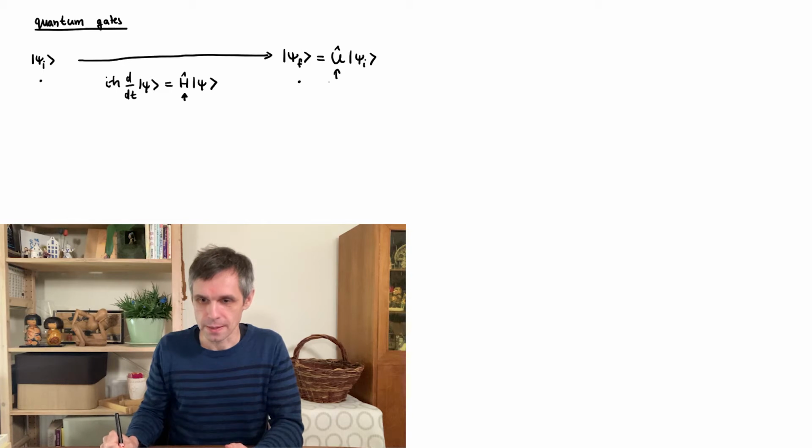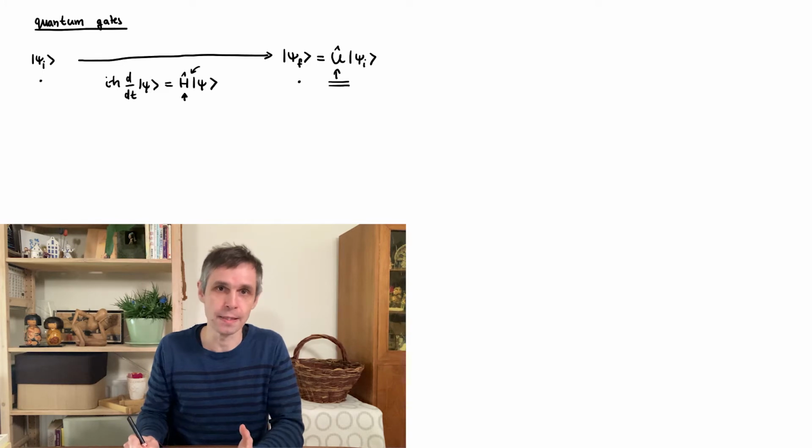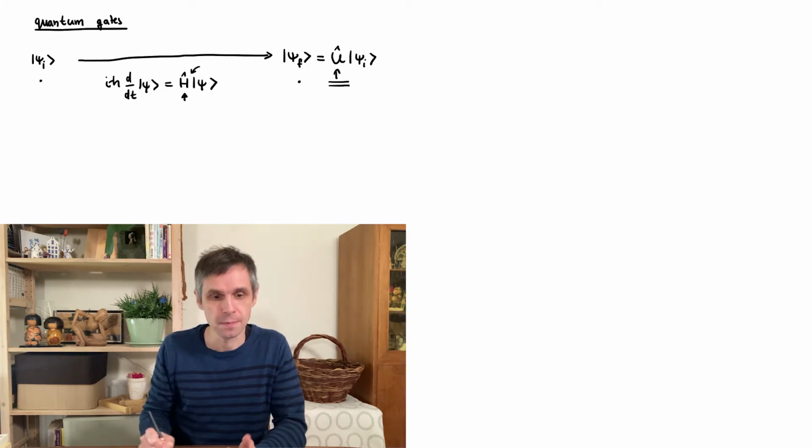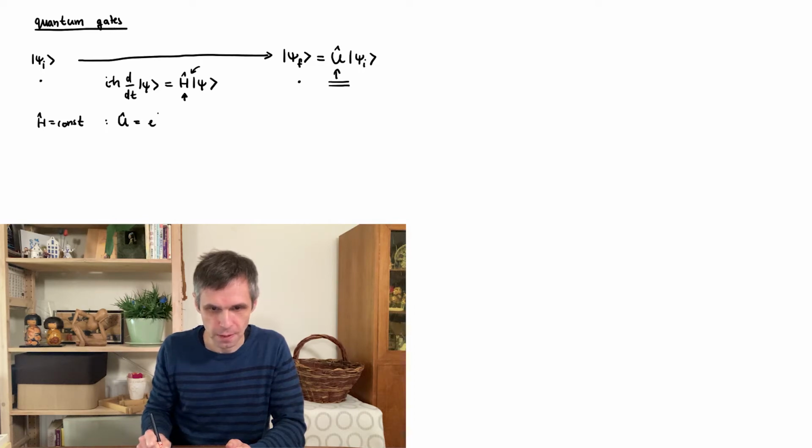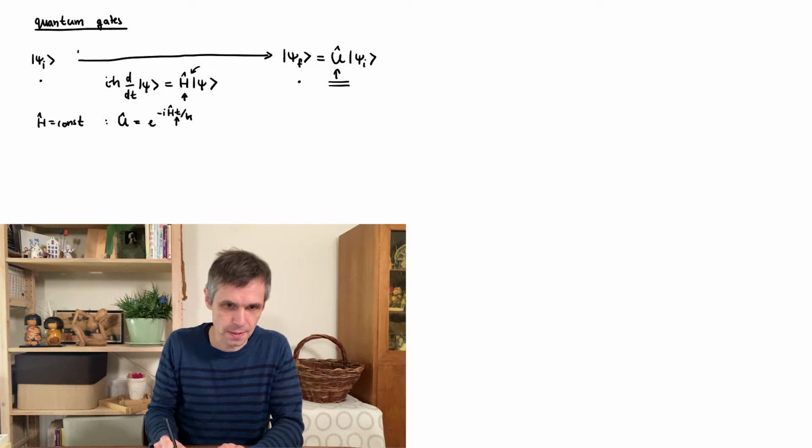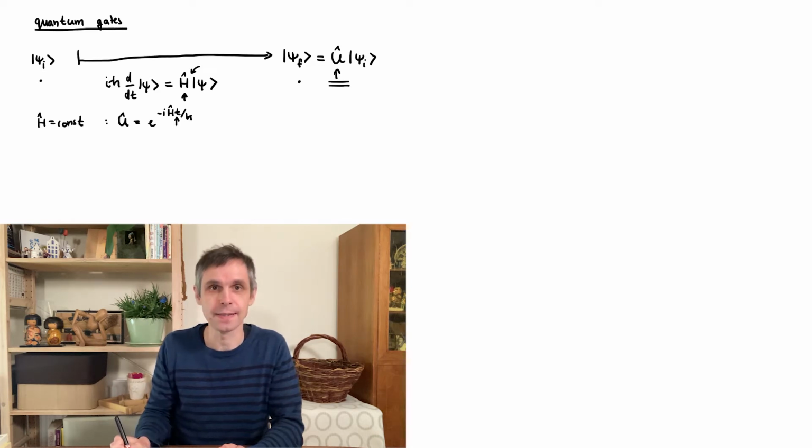This operator can be defined for any kind of time evolution, including situations where the Hamiltonian depends on time. But for the case that the Hamiltonian does not depend on time, we can write it down in a very explicit form, namely as an exponential of the Hamiltonian, with this time being the time that elapses between the initial state and the final state.